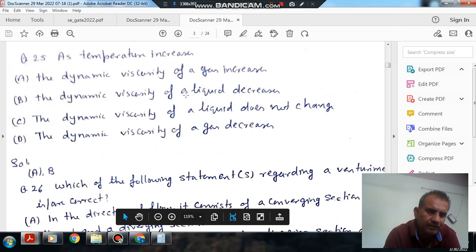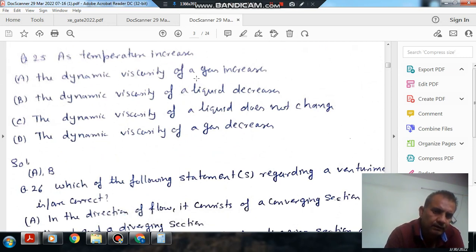So options A and B are the answer. Dynamic viscosity of the gas increases, so resistance to flow increases in gas as the temperature increases, and in liquid the resistance to flow decreases as the temperature increases. So answer is A and B.